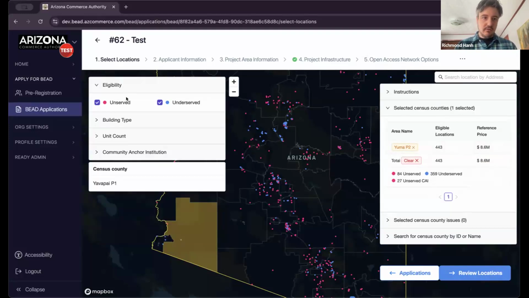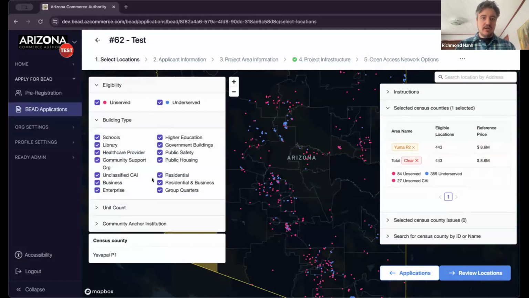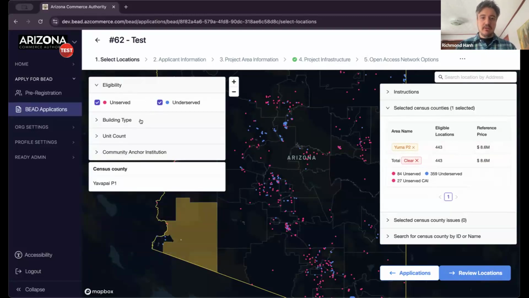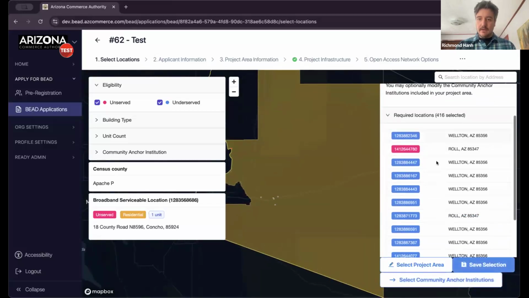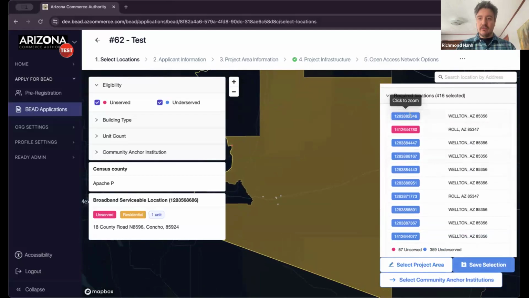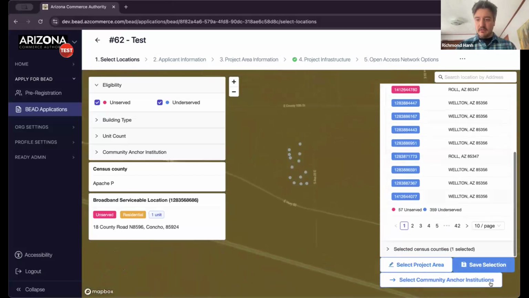I also want to call attention to over here on the left side, there's a legend where you can do a bit of manipulation, kind of zone in on stuff. Using the resources ACA has provided for the project areas, you certainly would be able to do a lot more in your geospatial tools. But this is just here to assist you and give you a little bit of insight. Once I can see all the required locations, I can click them to zoom in on that location.